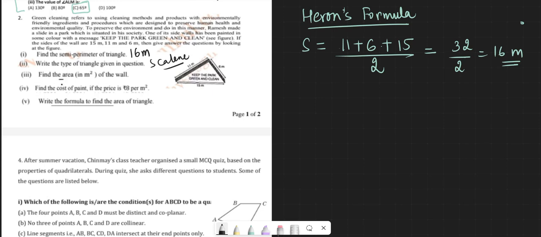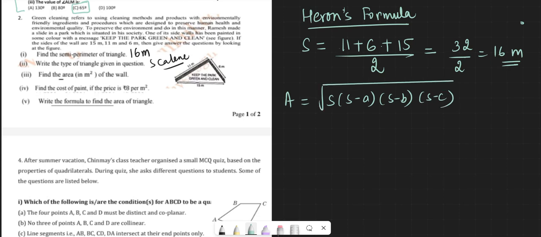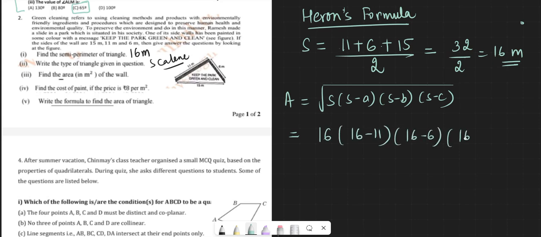Now it says find the area in square meters of the wall. So we need to find the area using Heron's formula, the square root of S into S minus A, S minus B, S minus C. S I've already calculated as 16. So 16 into 16 minus 11, 16 minus 6, 16 minus 15, under the square root.